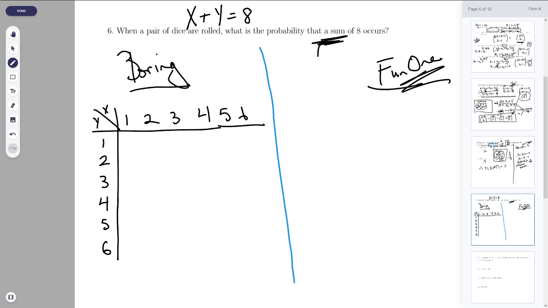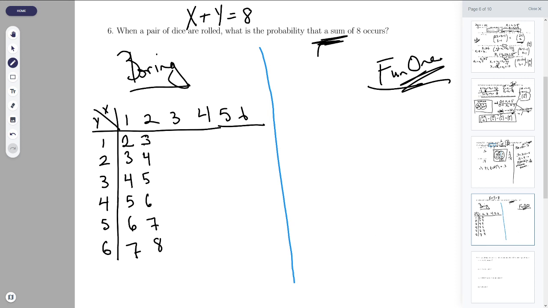The x plus y here is 2. 2 plus 1 is 3. 3 plus 1 is 4. So we're adding 1. Here we're going to do 2 plus 1, which is 3. 2 plus 2, which is 4. 2 plus 3, 5. 2 plus 4, 6, 7, and 8.